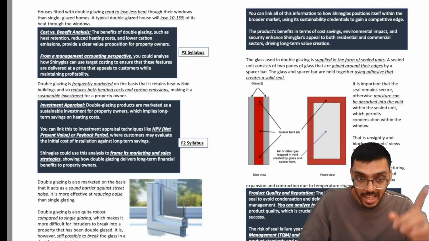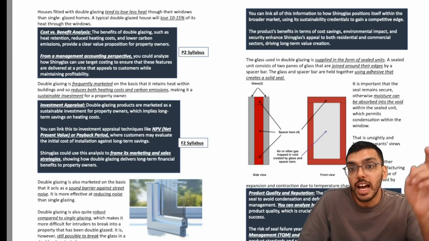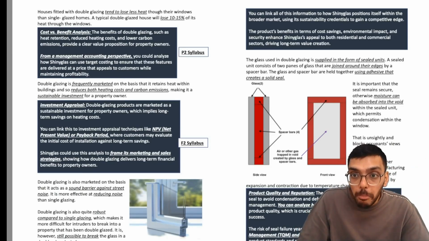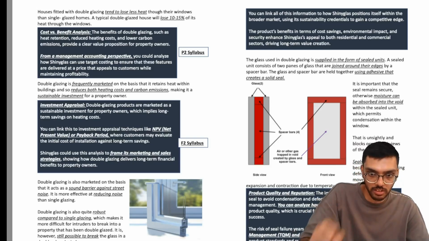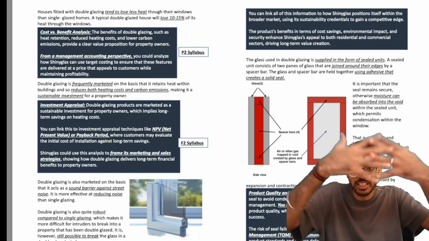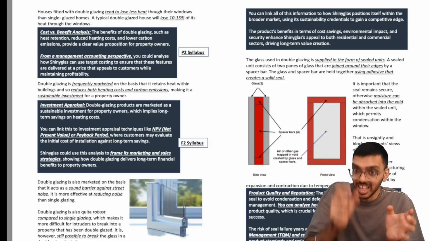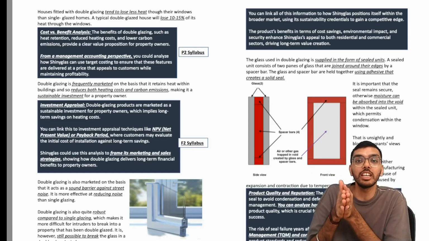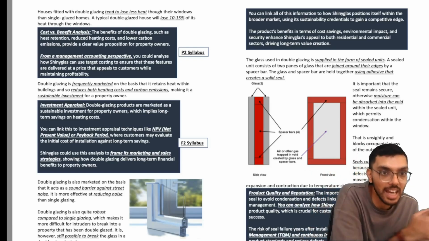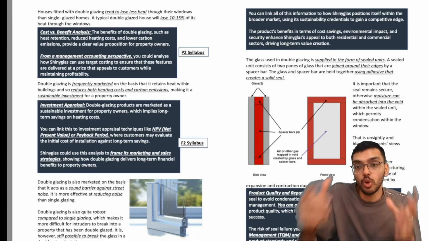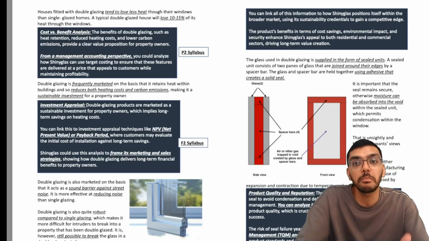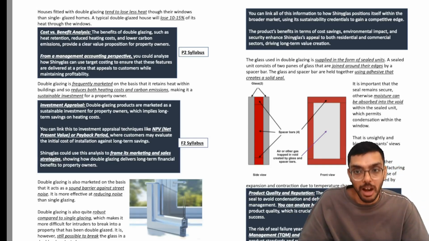The glass, like we have read earlier in the pre-seen, the glass used in double glazing is supplied in the form of sealed units. So you get that sealed unit and then you will be making it into a double glazed glass. So that sealed unit is something that you are buying from outside.